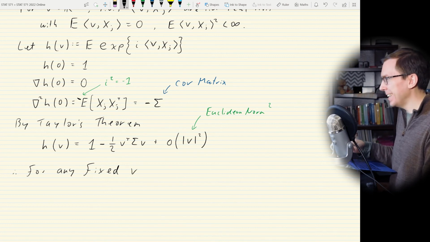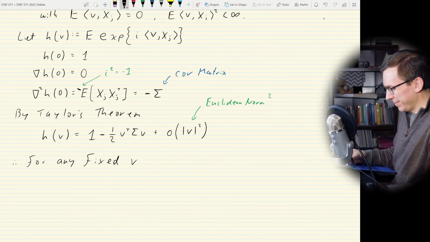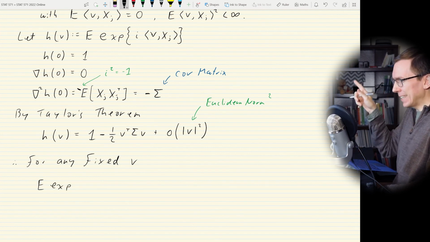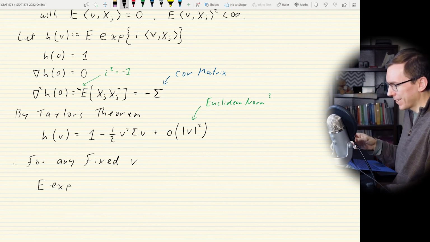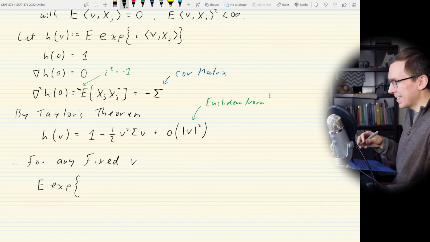For any fixed v, the expected value. Oh no, I'm not taking a log. I'm taking this to the nth power. Okay, I feel better. I thought I was missing a logarithm somewhere. The logarithm is coming up here.